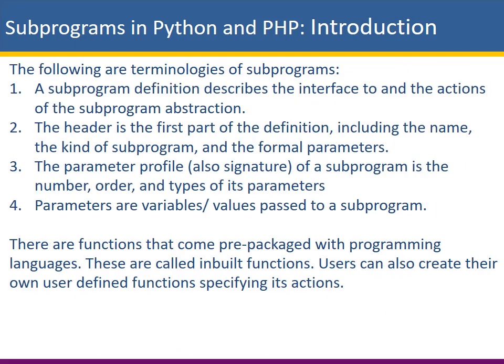And we have some terminologies of subprograms. The subprogram definition describes the interface to and the action of the subprogram abstraction. The header is the first part of the definition, including the name, the kind of subprogram, and the formal parameters.